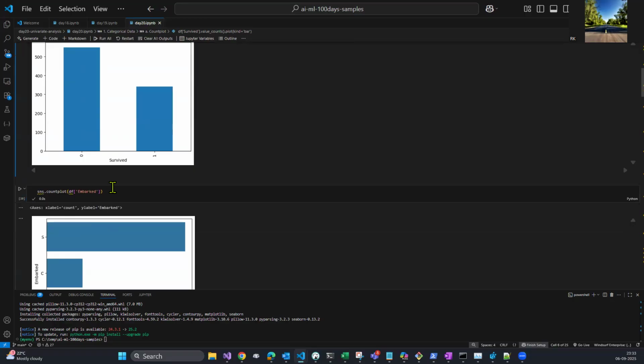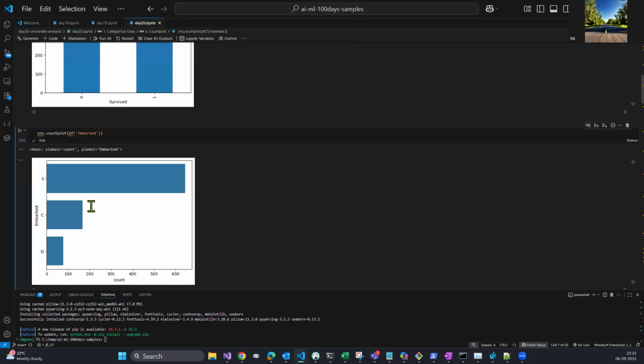Another one is we can draw the SNS count plot as well. Here in the SNS count plot, based on the embarked, we are going to get the count.